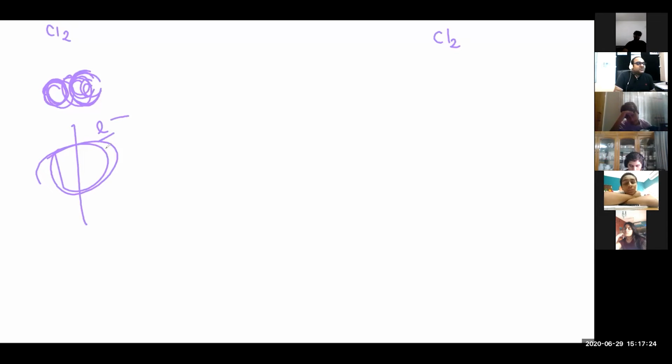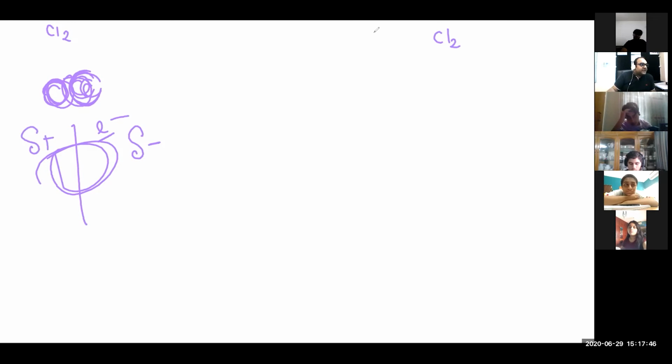So the side which would have a greater number of electrons would be partially negative. And the one which would be deficient in electrons would be partially positive.